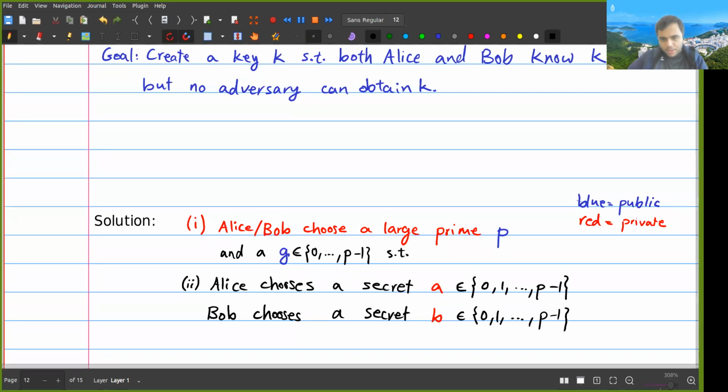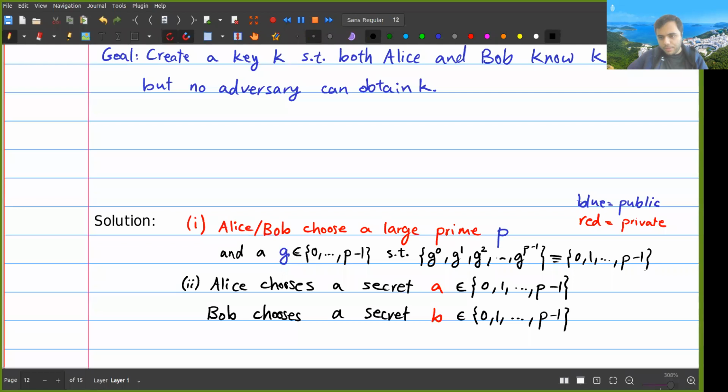And the other property that I want is that if I look at the set of all powers of G, so G to the power of 0, G to the power of 1, G to the power of 2, and so on, until G to the power of p minus 1, I want them to have all the possible remainders when divided by p. So I want this set to be the same set as 0, 1 to p minus 1.